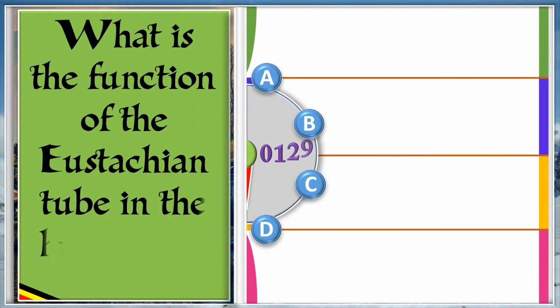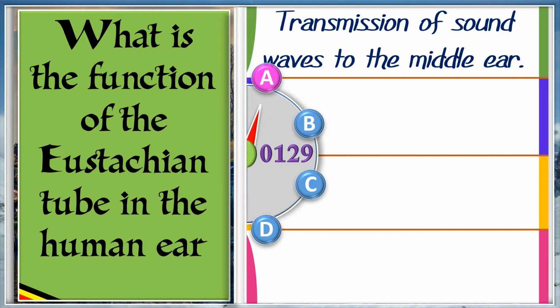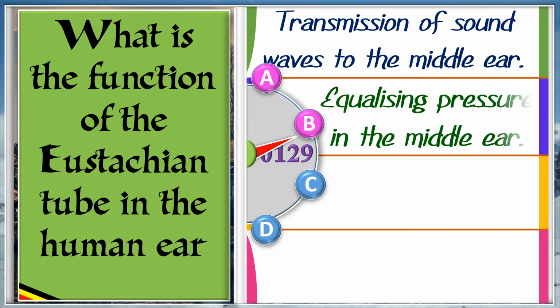What is the function of the eustachian tube in the human ear? A. Transmission of sound waves to the middle ear. B. Equalizing pressure in the middle ear.